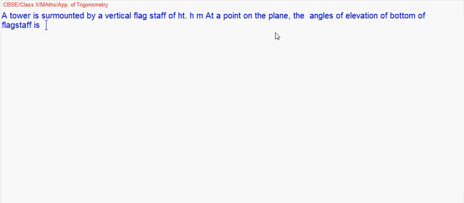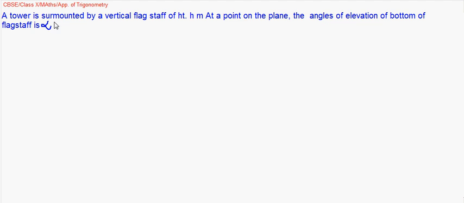At a point on the plane, the angles of elevation of bottom of flagstaff is alpha. Let me just write down alpha in freehand. Okay, that's alpha.